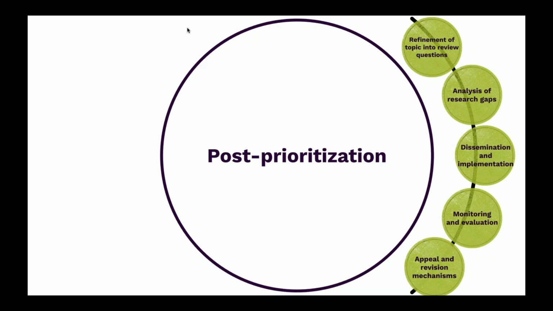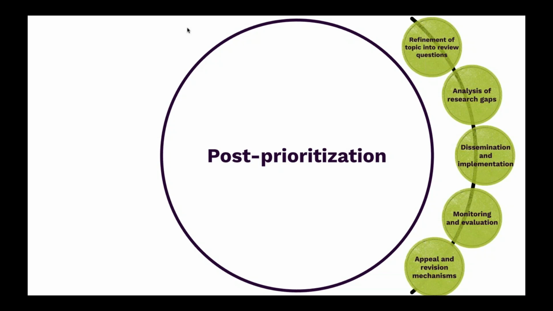So now we've identified the priority topics. First, we want to make sure that the topics are defined into review questions following, for example, the PICO format. We might analyze research gaps in order to identify from the priority topics which are the ones that will move forward with in terms of dissemination and implementation.